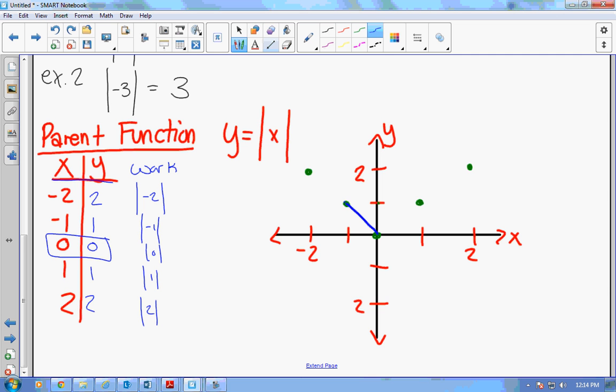This side of the arm has a negative slope, so it needs to be straight, like a V. This side of the arm has a positive slope. Quadratics need to be curved like a U. A parabola is curved, versus absolute value has a V in it. Absolute value looks like a V. Okay?